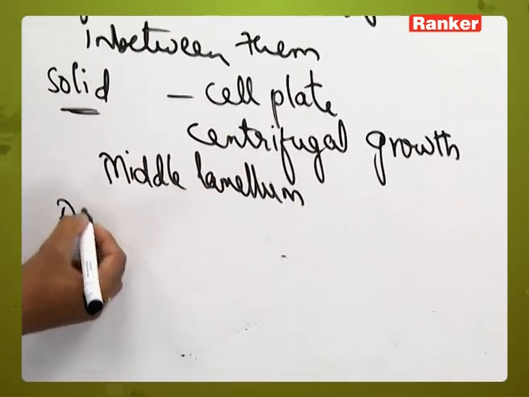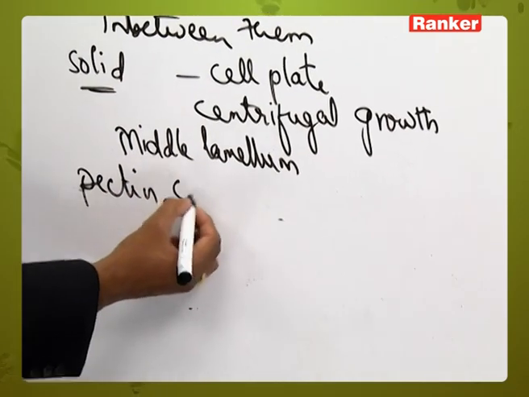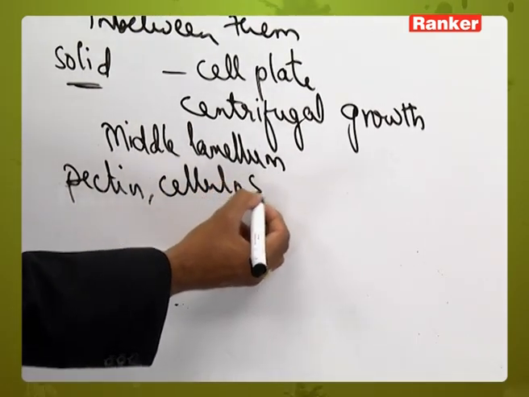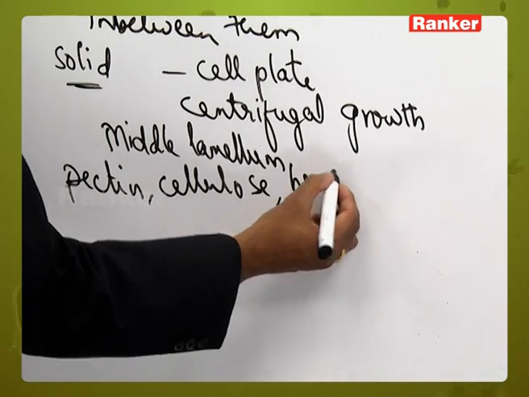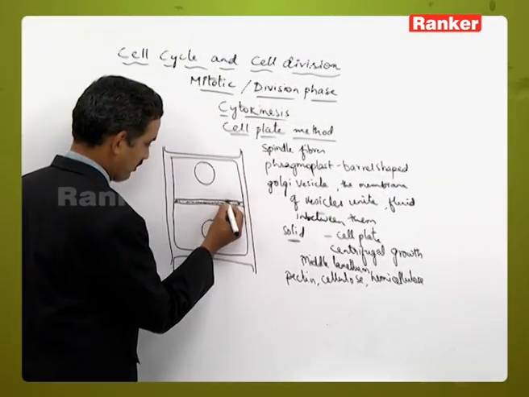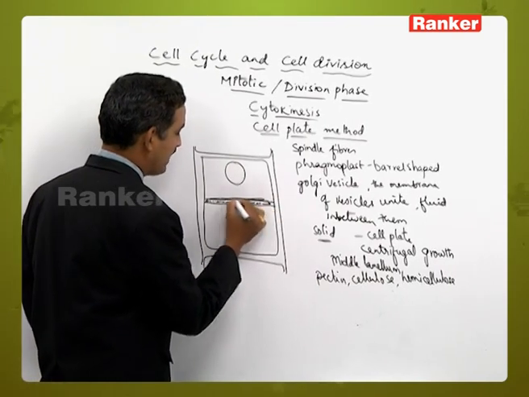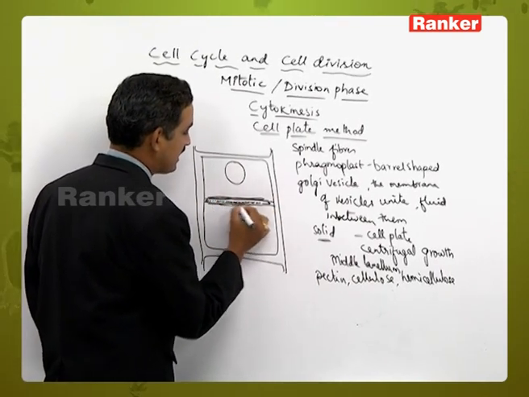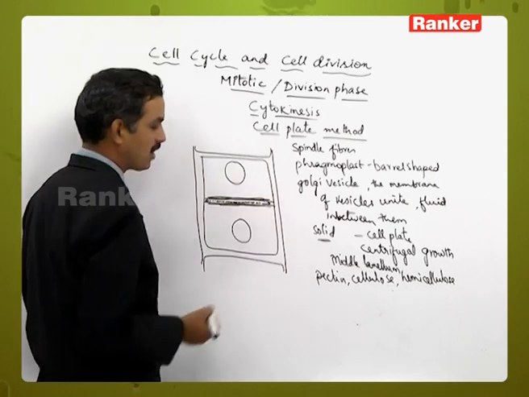Gradually the pectin, cellulose and hemicellulose materials get deposited on either side of the middle lamella, so that the cell is now divided into two daughter cells.